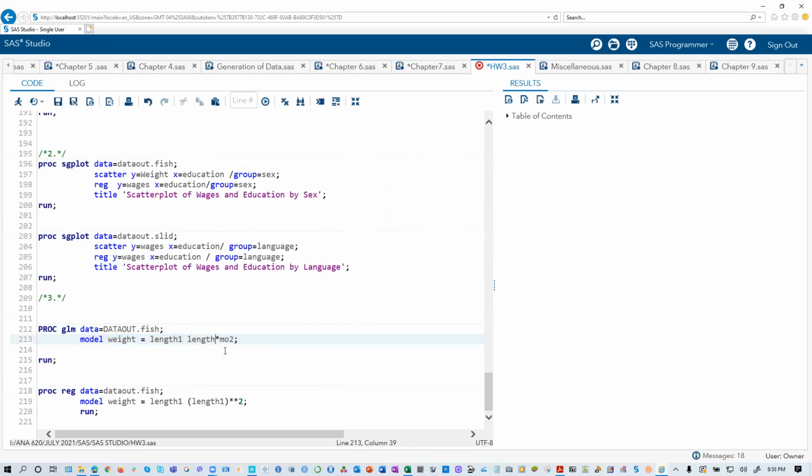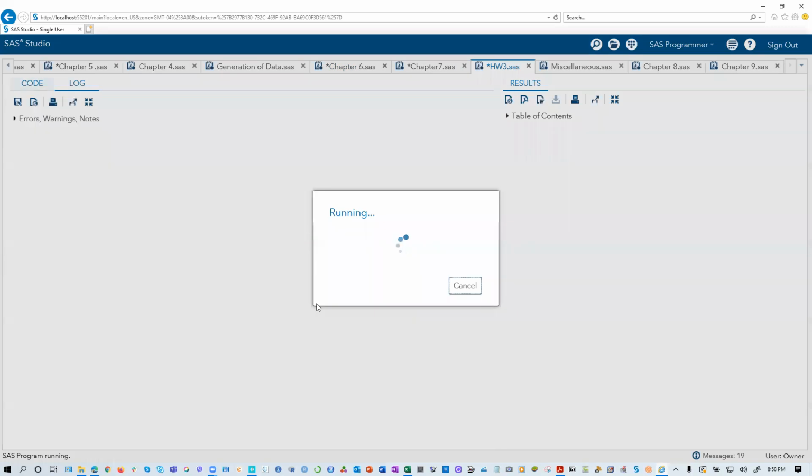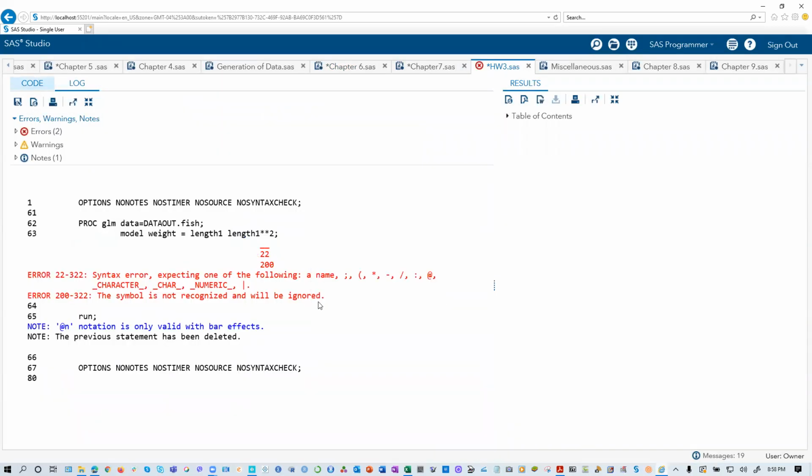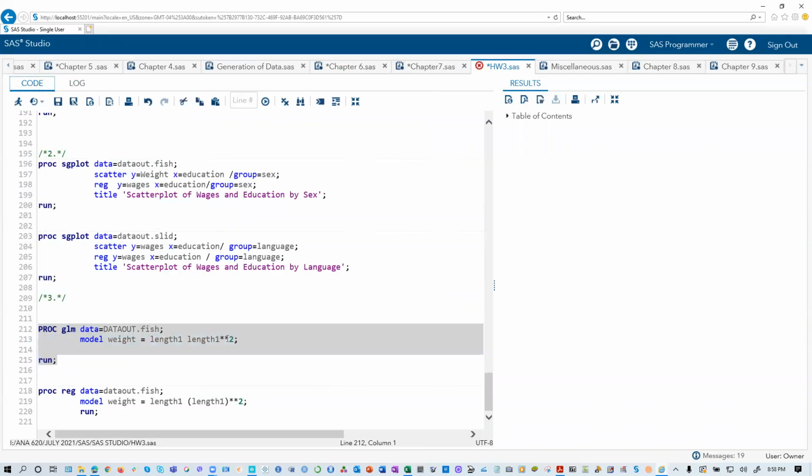Length 1, I'm sorry, length 1 squared. Why is it not given? Length 1, no, just length. So the weight, length 1 times length 1. This one should work.